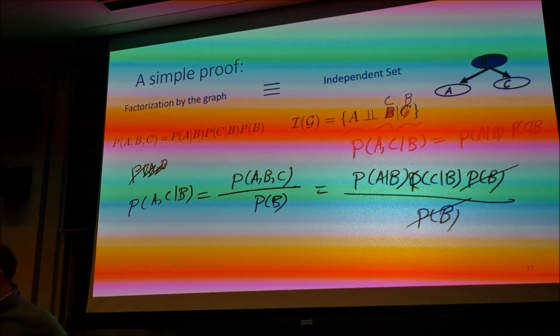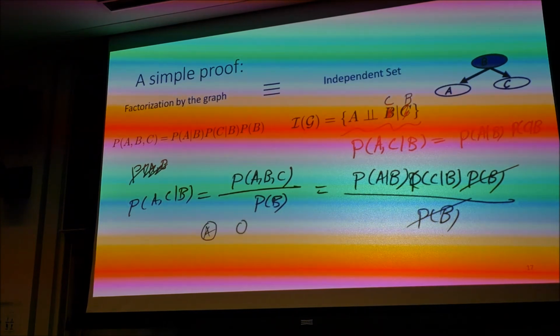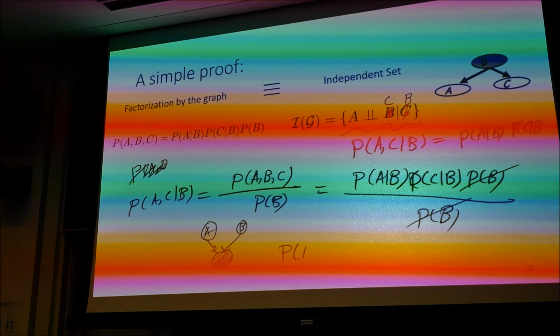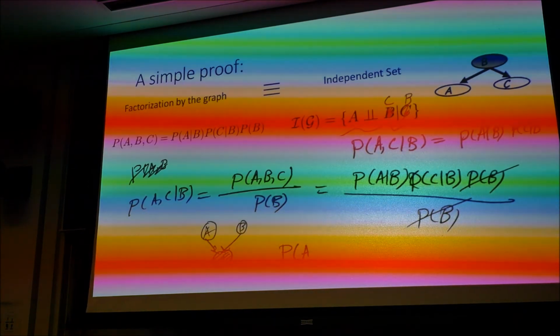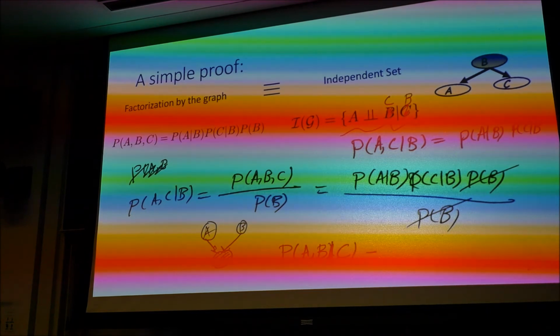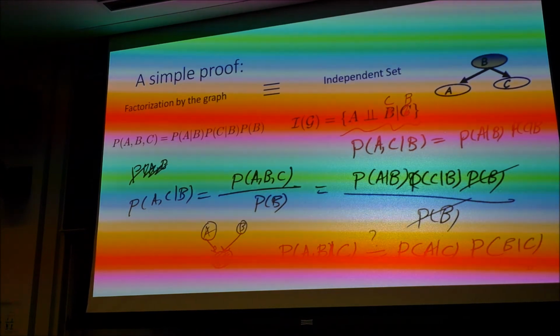It's very simple. So what about this? Can I say P of A, given B, conditional on C?